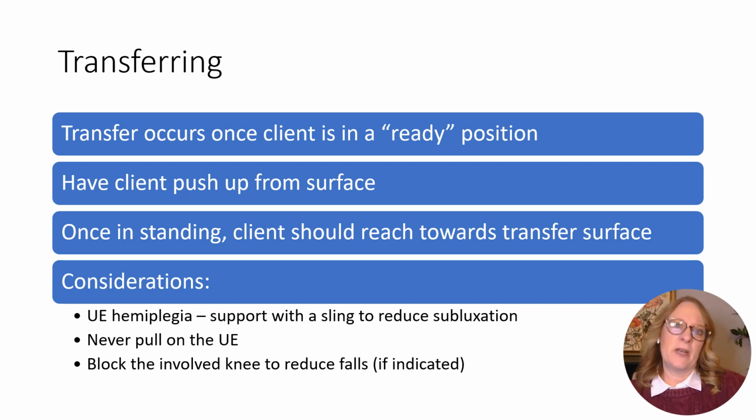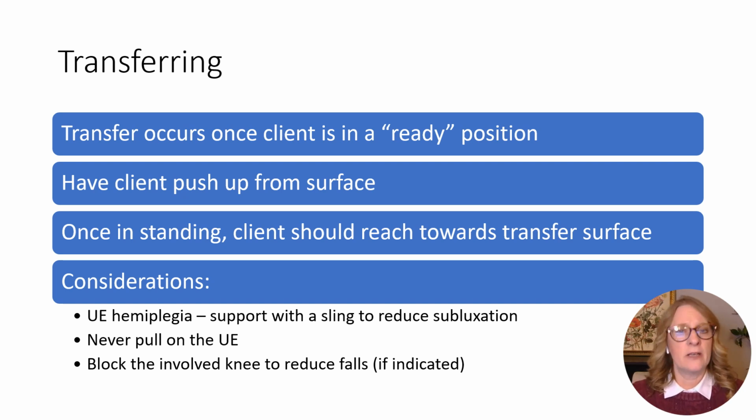So sometimes just putting their hand in their own pocket or in the gait belt, depending on the transfer and what other assistance I might be providing, I might actually position that arm so I'm supporting underneath the elbow to prevent that.